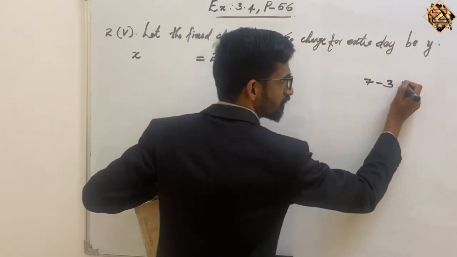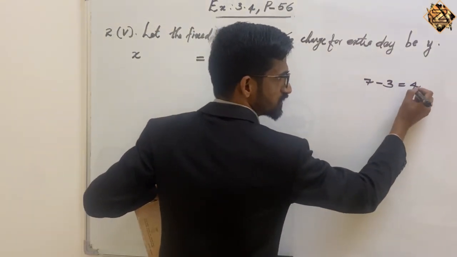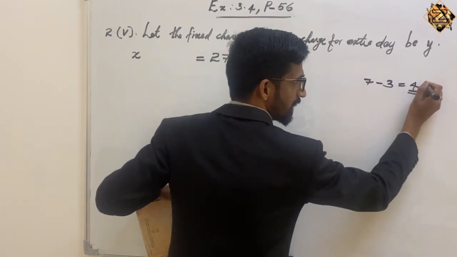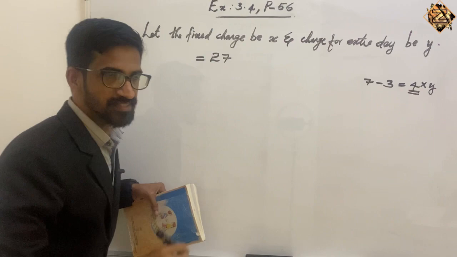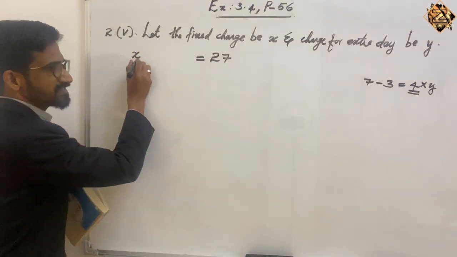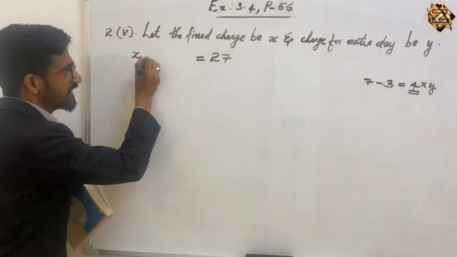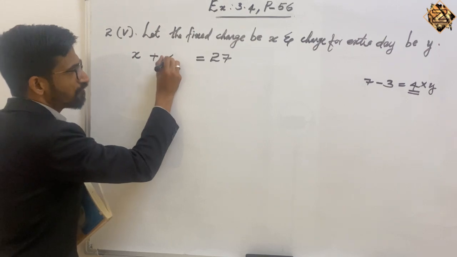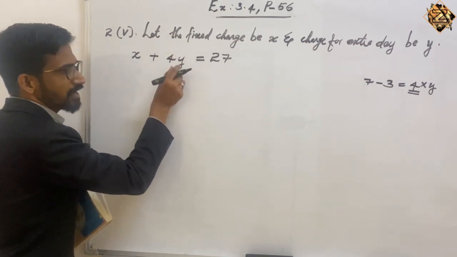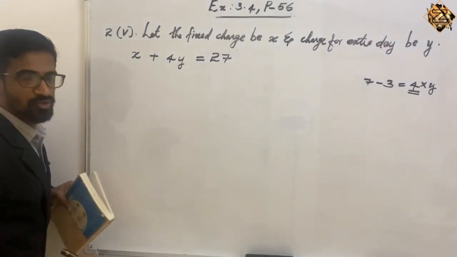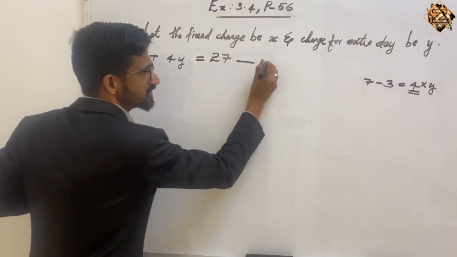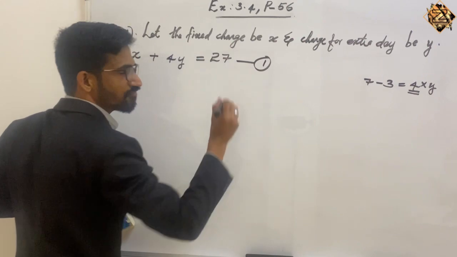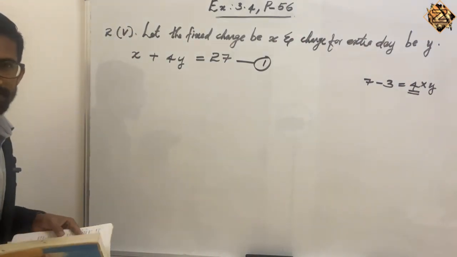The remaining number of days is 4. For the remaining 4 days a particular amount y she has to pay each day. So x plus 4y equal to rupees 27. That is equation 1. Hope it is clear.